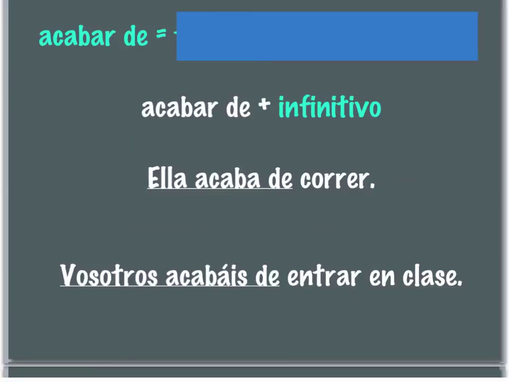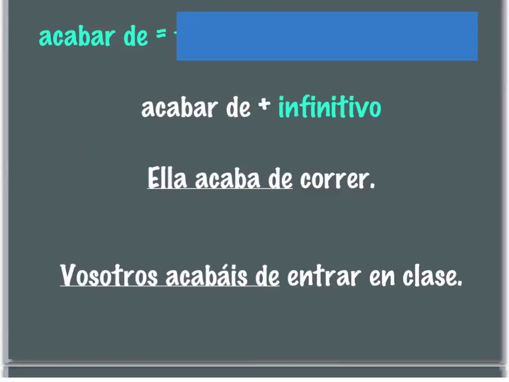Let's see again if you remember. What does acabar de mean in English? If you said to have just, you were listening very closely. Again, we follow the same rules. Acabar de will be followed by the infinitive form of a verb.